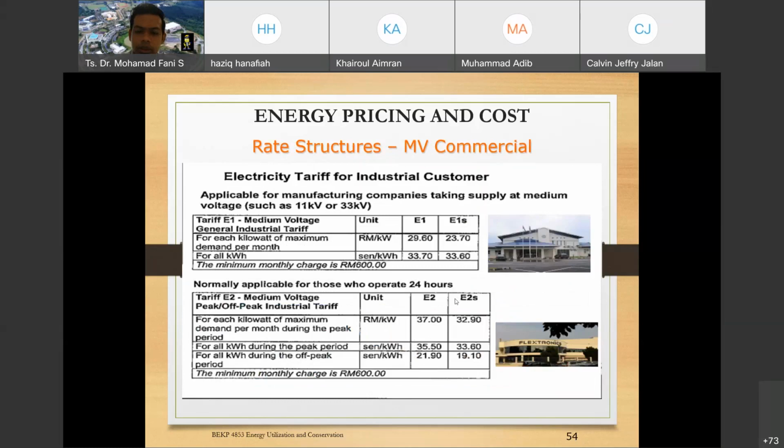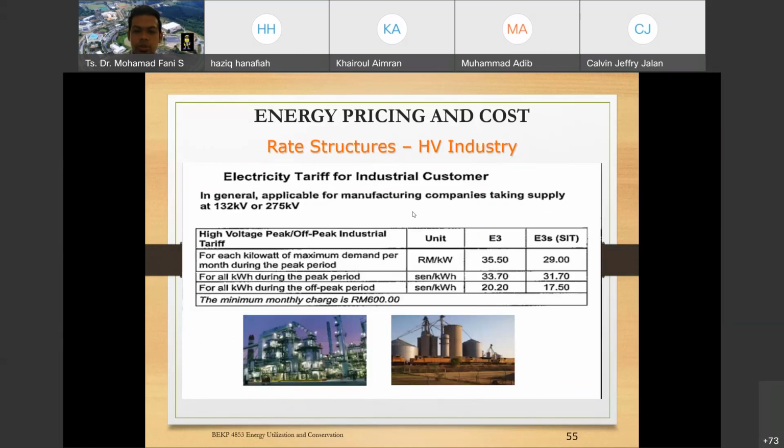So E3 is for high voltage, supplied at 132 or 275, especially for metal manufacturing and oil and gas plants. So they use the E3 electricity tariff.